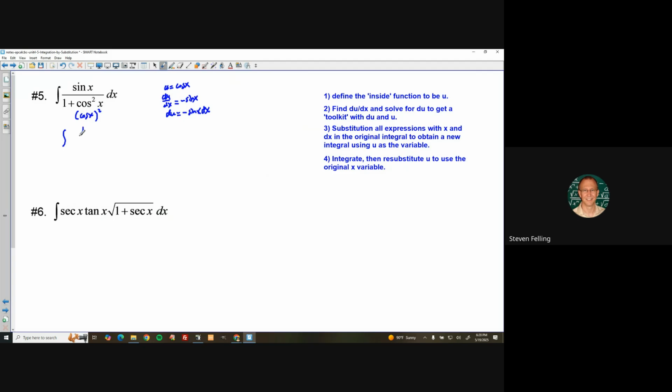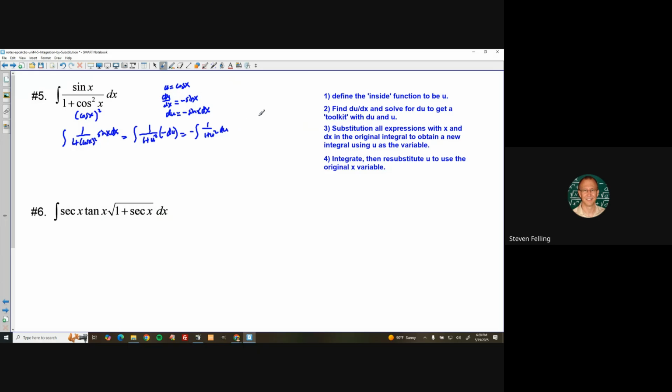This is equivalent to 1 over 1 plus cosine of x squared. I'll bring the sine down here so I can see that that's like that. And then that means that this is equivalent to 1 over 1 plus u squared. And then the sine x dx is negative du. So if I bring the negative outside, it's 1 over 1 plus u squared du.